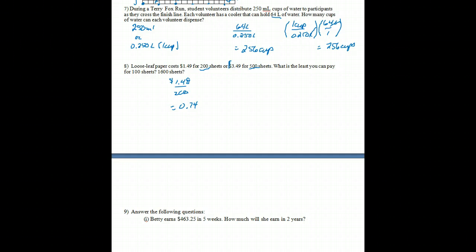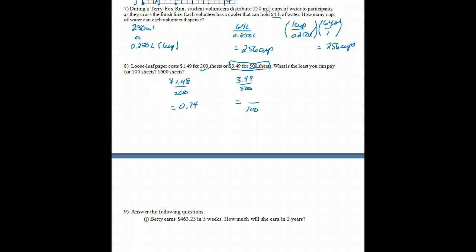And for this case over here, $3.49 for 500. Now for 100 sheets, divide your cost here by 5. That would give you a price down to 100. So divide by 5. So instead of 500 sheets, divided by 5, we'll get a price in terms of 100 sheets.